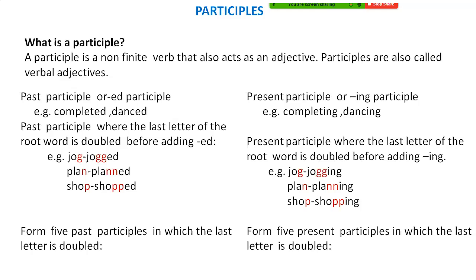So this is how a present participle where the last letter of the root word is doubled is formed. For your assignment, form 5 present participles in which the last letter is doubled.